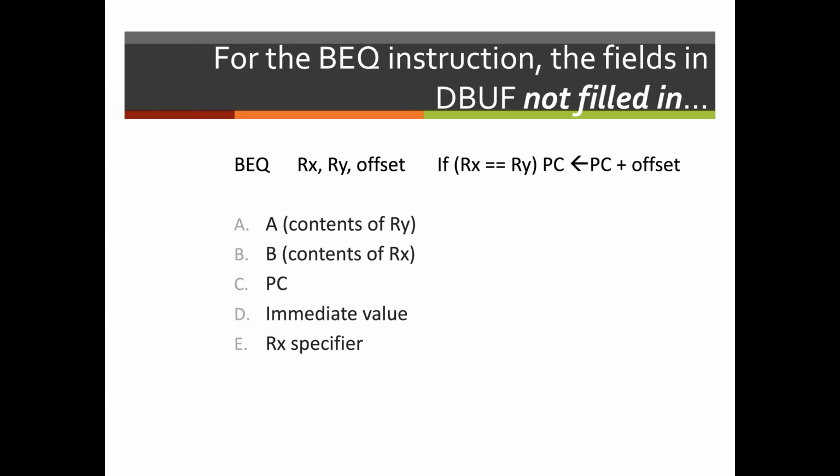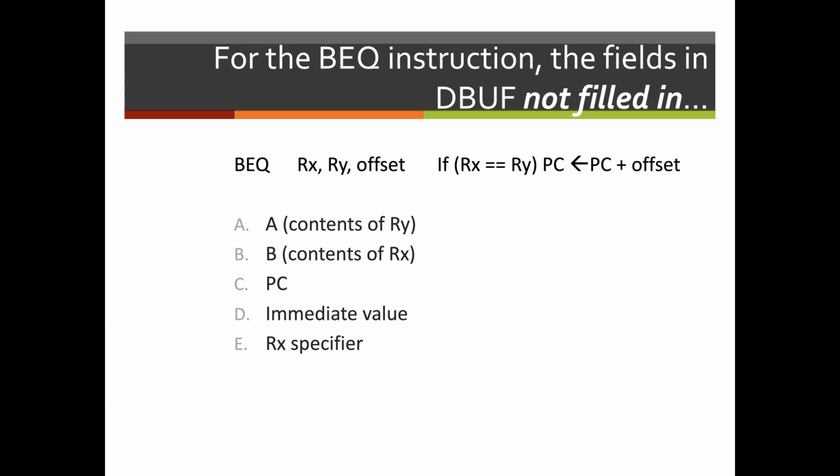And so what are some considerations that we need to take into account for BEQ? What fields in the DBUFF would not be filled in? Do we need the contents of Y? Well, we'll have to fill the value of Y in. So do we need B?